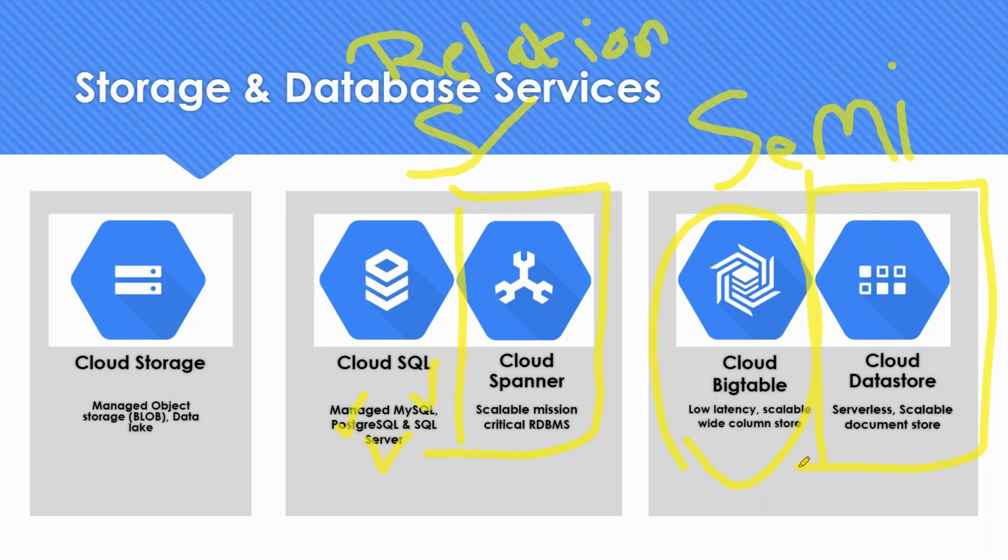If you look into the documentation, you'll come to know the implementation of Data Store and Firestore, the next generation version, was from the same Bigtable code. So it's a miniature version, a little easier to use, and it is serverless. The NoSQL database which is serverless in GCP is Firestore or Data Store. So that's for your semi-structured information.